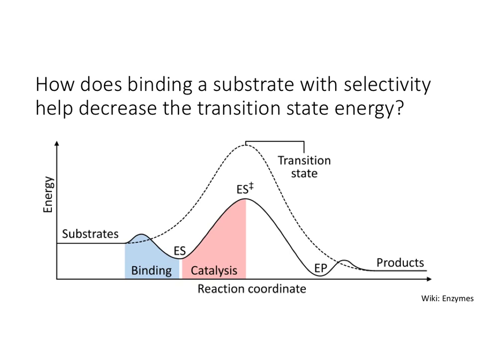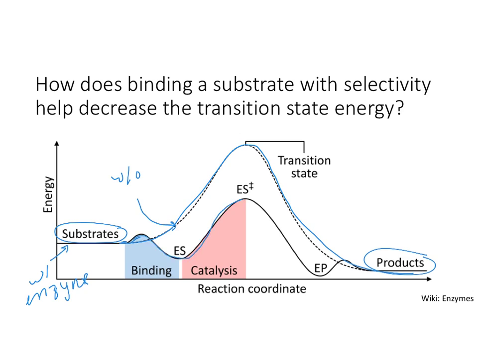Okay. So far, I just kind of want to tell you where we are before we go into part 2. So far on a reaction coordinate diagram, we have our substrates here, our products here, and you'll notice that the solid line is with enzyme, and the dotted line is without, okay? So you have a really, really high transition state without the enzyme, and then with the enzyme, what you're looking at is two parts here.